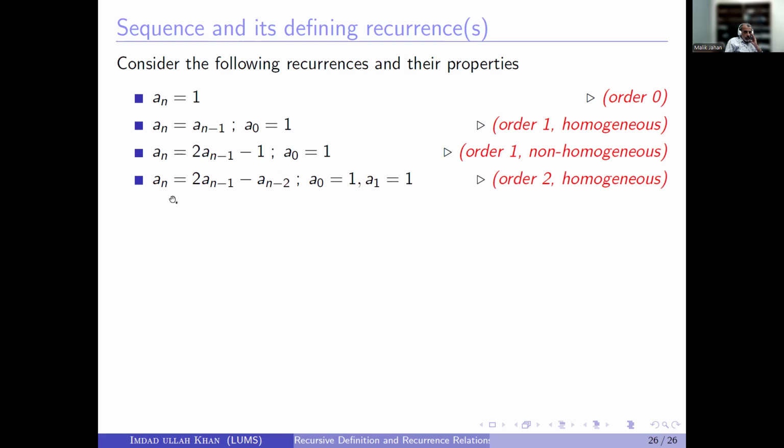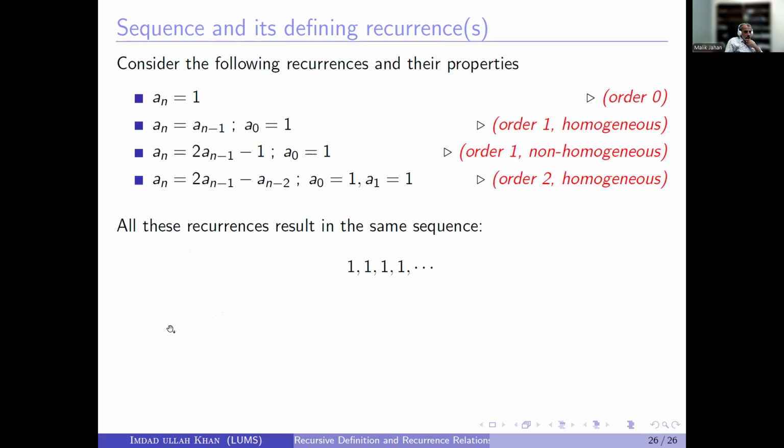For the remaining examples, you can have a look at whether they are homogeneous or linear.